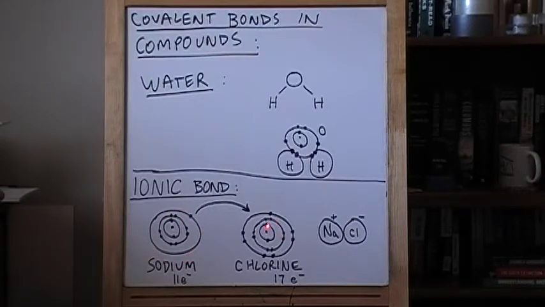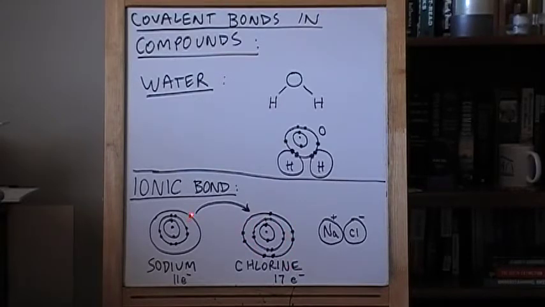Chlorine has 2 electrons in an inner shell, and then 8 in the second shell, and then 7 in its valence shell, for a total of 17 electrons. Notice that if chlorine gains 1 more electron, it'll have a completely filled valence shell.